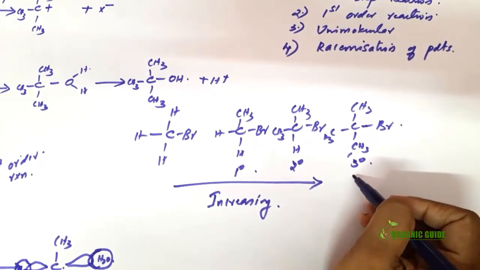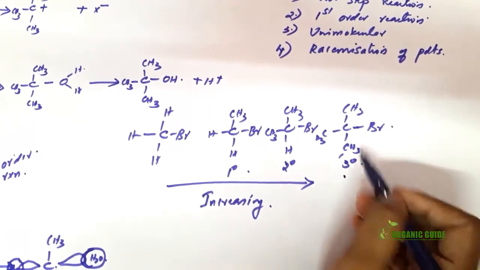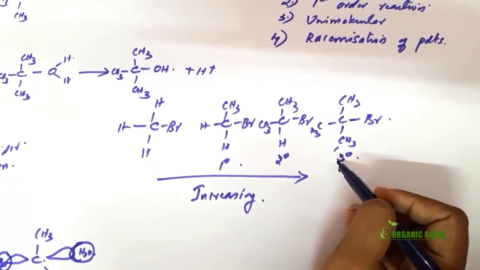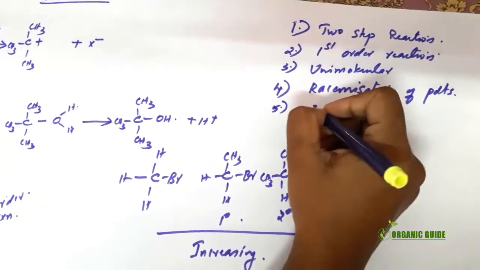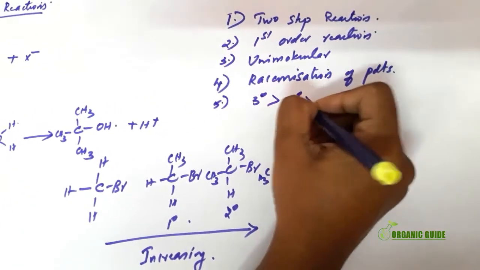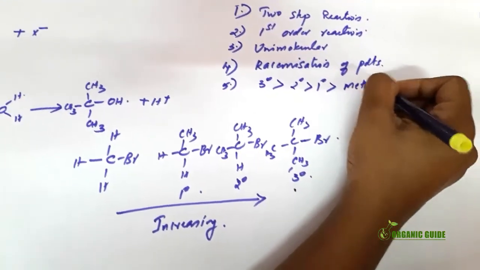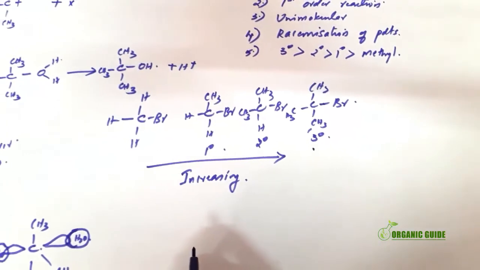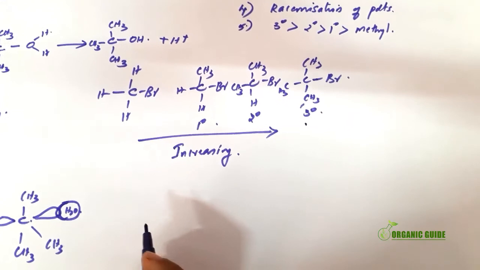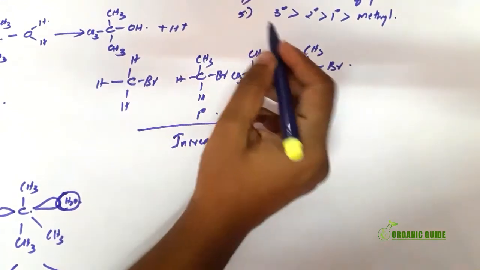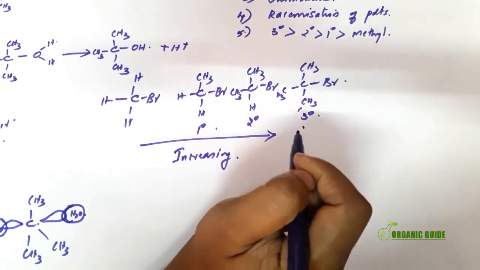So the SN1 reaction will be favored by tertiary compounds. The reactivity order will be tertiary greater than secondary greater than primary greater than methyl. This reaction is favored by polar protic solvents. And weak bases will undergo SN1 reaction, and strong bases will undergo SN2 reaction.